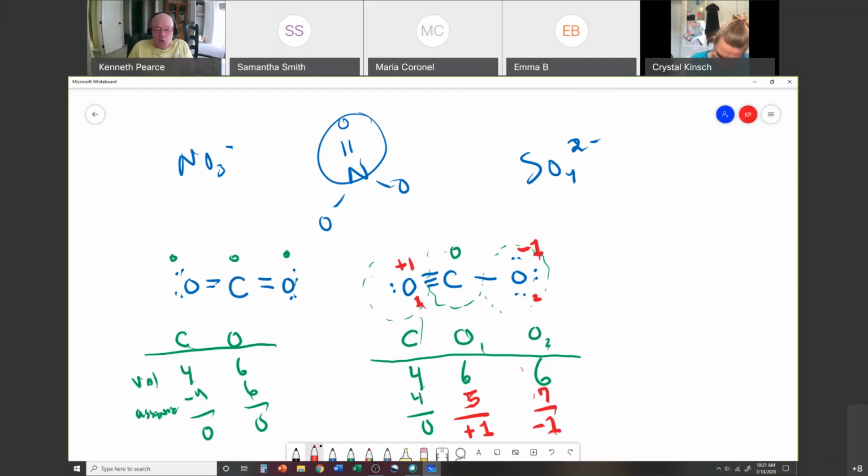But what's the rule here? We want to minimize the charges. In other words, 0, 0, 0 is absolutely minimized. First off, the charges are not minimized in the right-hand side one, but not only that, look here. I got a plus 1 charge on an electronegative element.